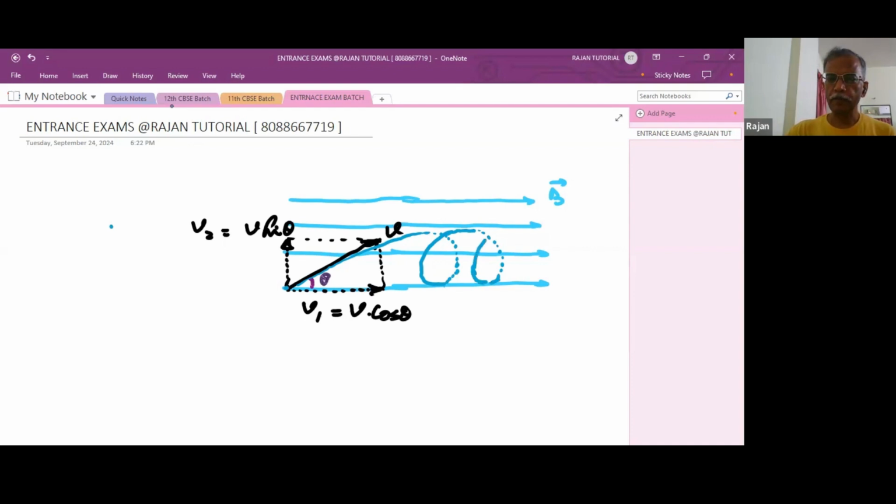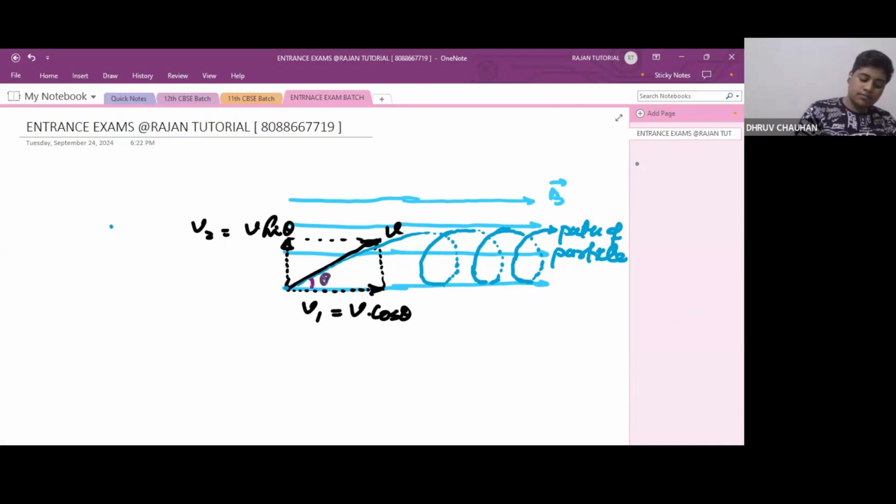The thing has drifted towards the x-axis, and hence it will just continue. I have taken just 3, there may be many. This is the path of the particle. Is it clear up to that? Yes, sir. Okay.